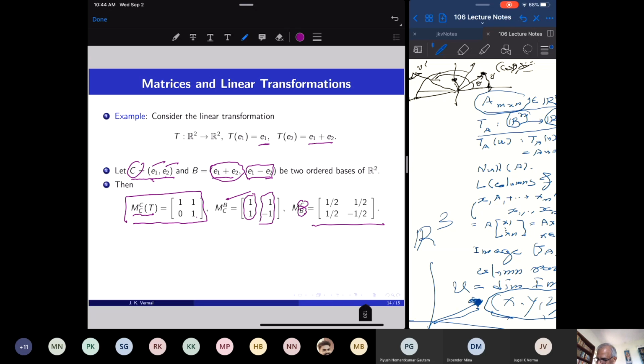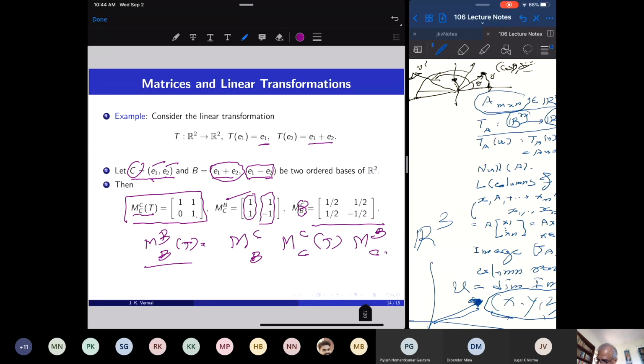I have the transition matrix from B to C, and so I can find the matrix of T with respect to B. That is equal to this: just multiply.